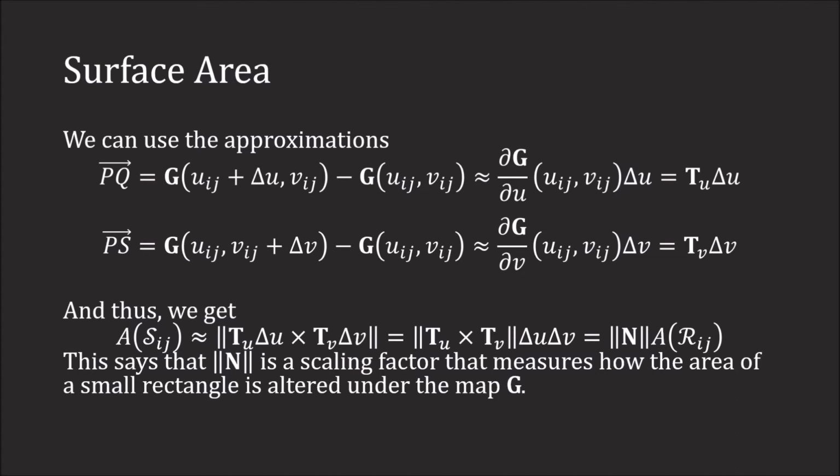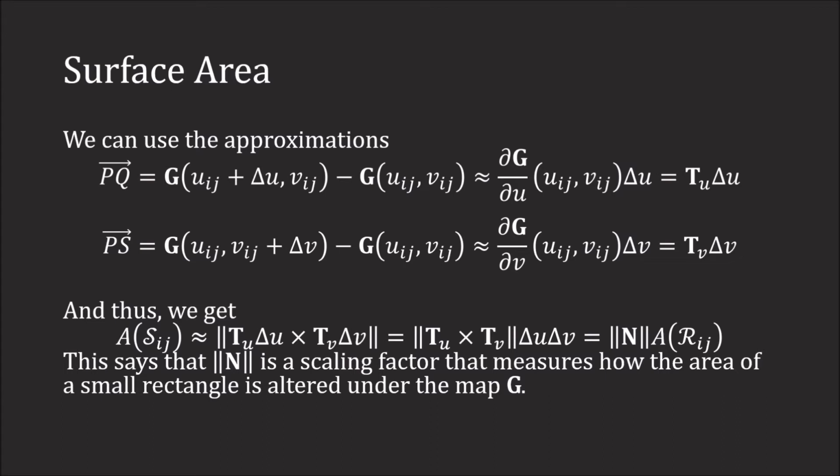And the magnitude of T U cross T V is simply the magnitude of its normal vector. Now what this says is that the magnitude of n is a scaling factor that measures how the area of a small rectangle is altered under the map of G.